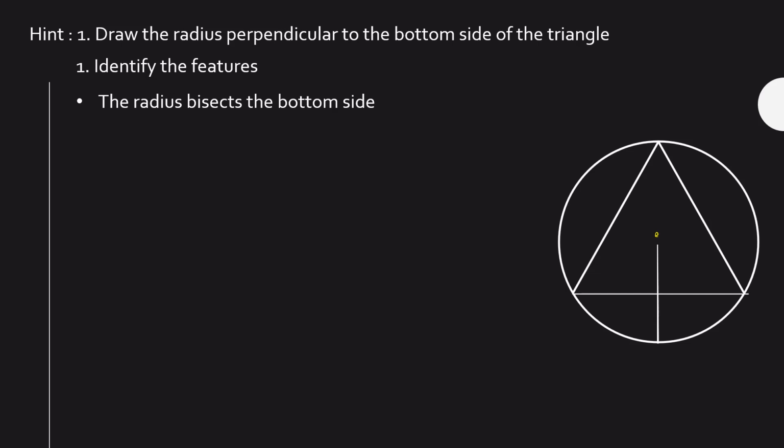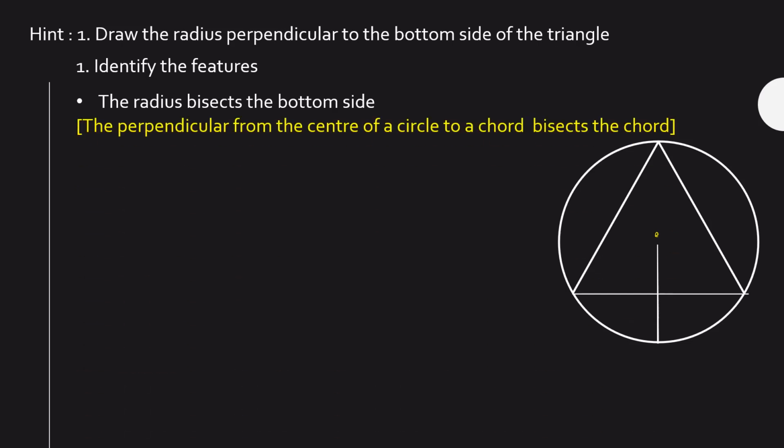Because from the previous discussion, we got that the perpendicular from the center of a circle to a chord bisects the chord. Because we have discussed some properties of an isosceles triangle in terms of a circle. And all the properties are very important, and one among them is this. That's why the radius bisects the bottom side.